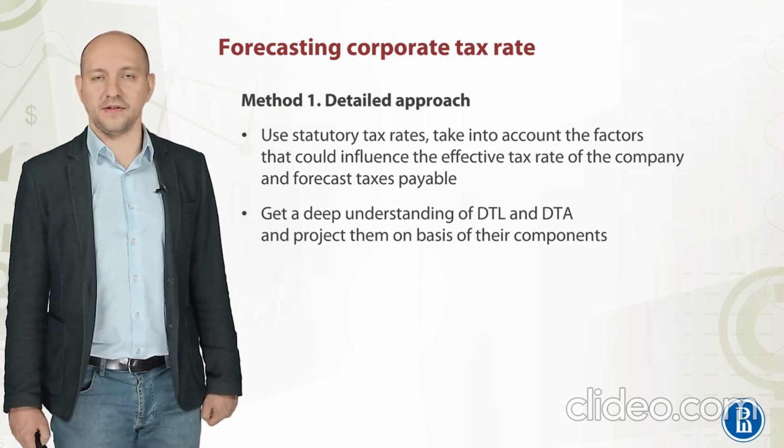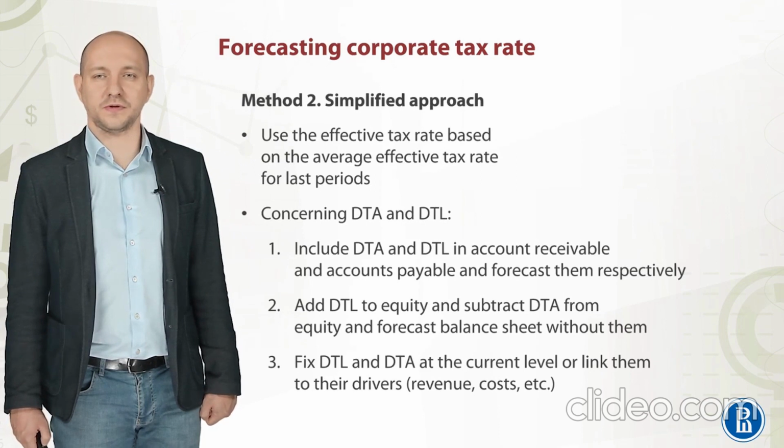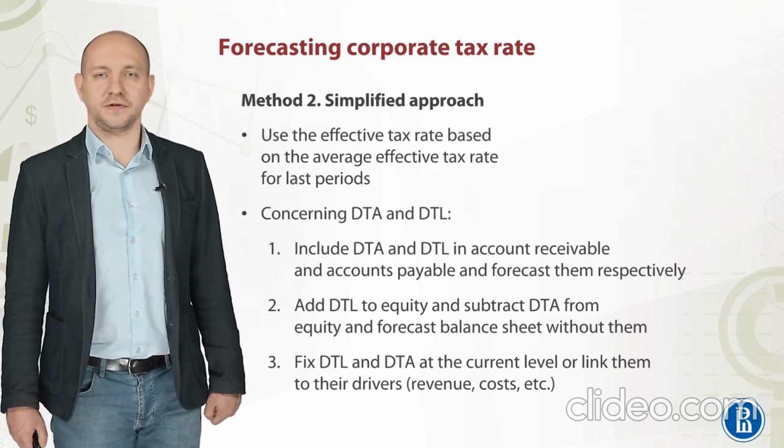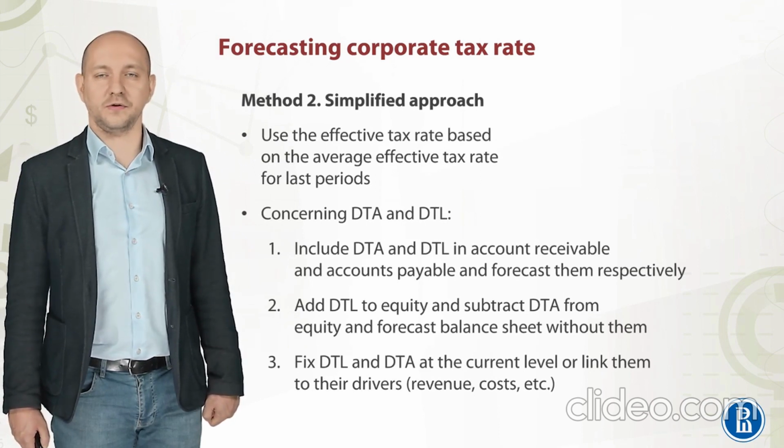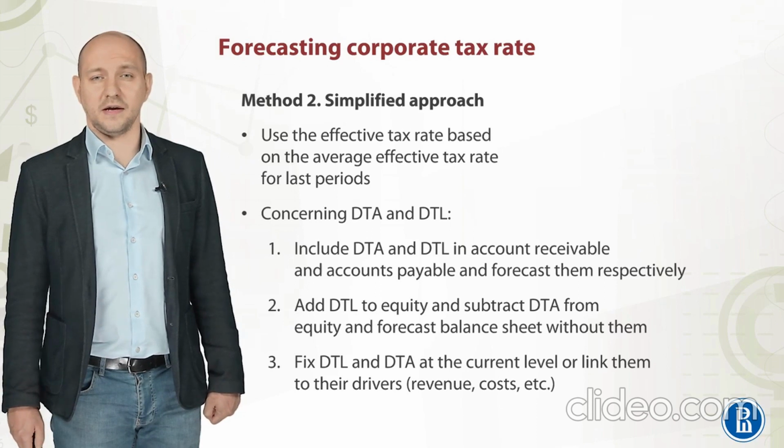And the second method, which is pretty often used in equity research, for instance, where you need to build a model really fast and you don't need so many details, is the so-called simplified approach.